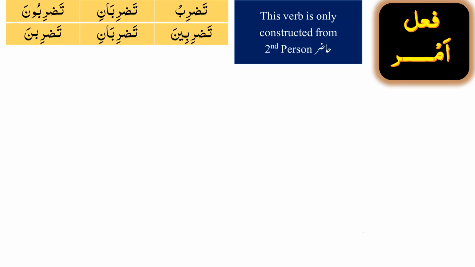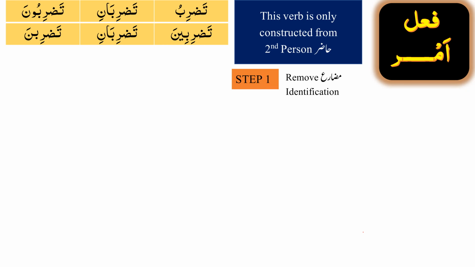Can you read? Tadribu, tadribani, tadribuna, tadribina, tadribani, tadribna. So we will follow some steps. I will request students to write down the steps, step number 1, 2, 3, and 4. We'll explain one by one, then we'll practice a few nouns.